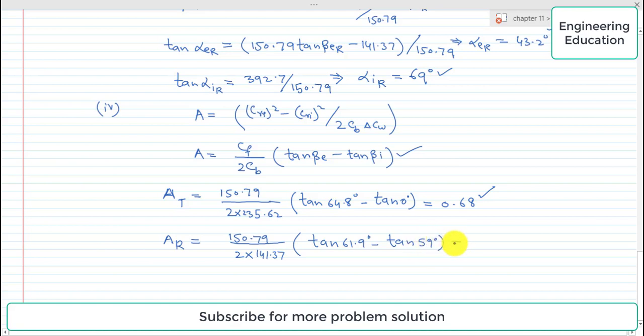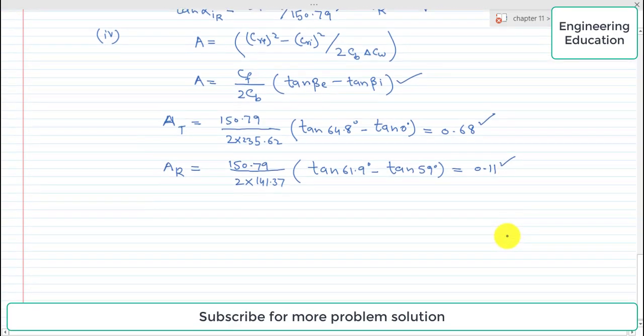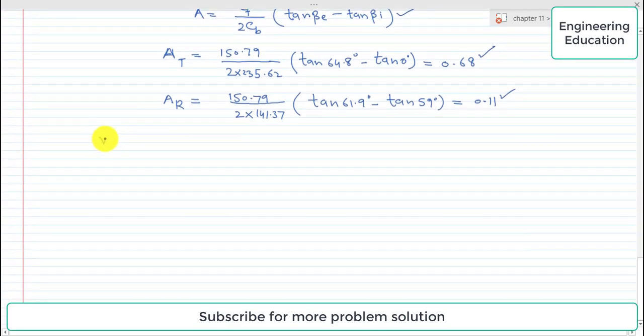So simplifying this, we get the value of degree of reaction at the root, 0.11.